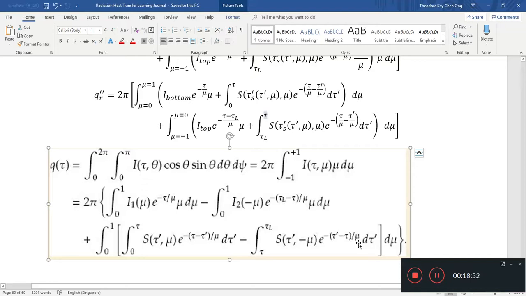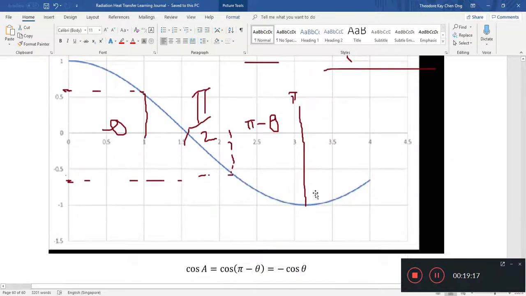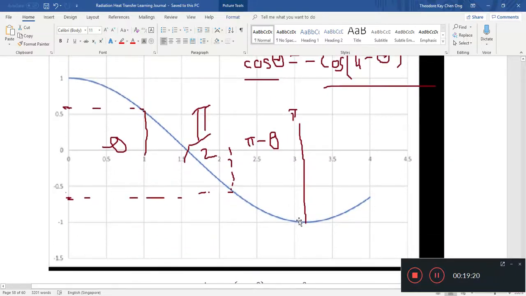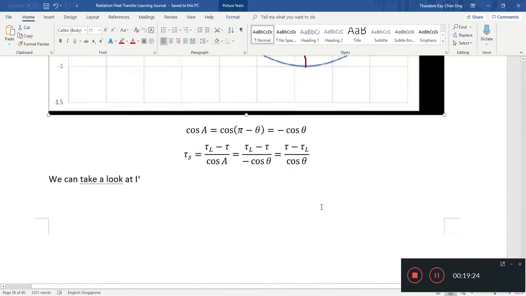However, of course, you do see a very interesting thing here. If we just reverse the signs, as you see over here, we can actually get 0 to 1, because it's a mirror reflection when we do this d mu. Remember the cosine has a mirror reflection, where cosine theta equals minus cosine of pi minus theta.